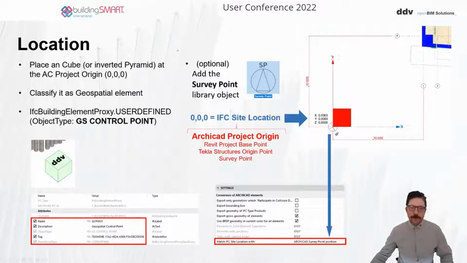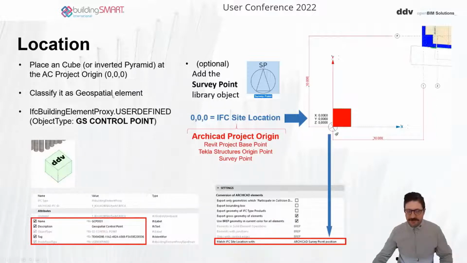What we suggest within ArchiCAD, as others are doing, is to create an object. So we need a shape representation of a particular object. We usually use a cube, but you could also use an inverted pyramid, and place it at the project origin.